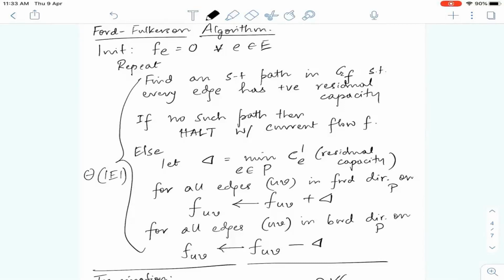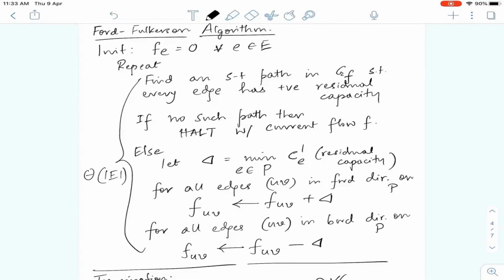There is a small thing here. You are blowing up the graph. Remember, you are running this procedure on the residual graph. The residual graph has more edges, but it's only double the number of edges in the original graph. So the BFS or DFS or whatever path finding algorithm you want will take theta of mod E time.